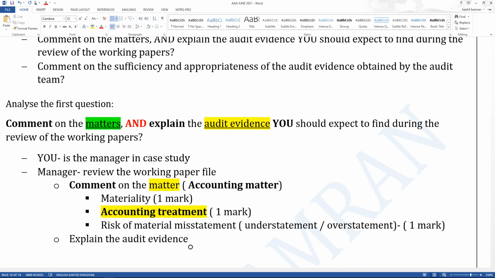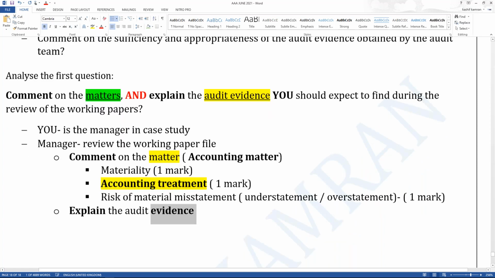Okay, the next thing you need to do is explain. What do you need to explain? You need to explain the evidence in the working papers. What evidence will you expect to find in the working paper file while you're reviewing it?